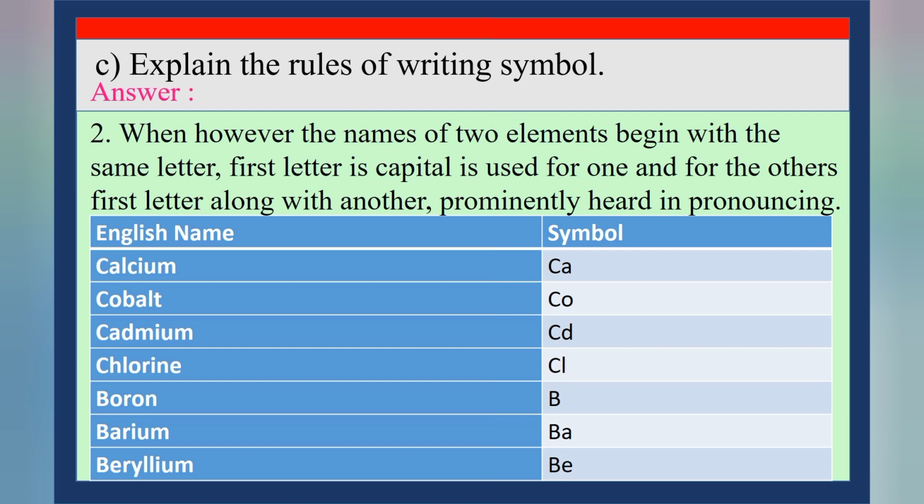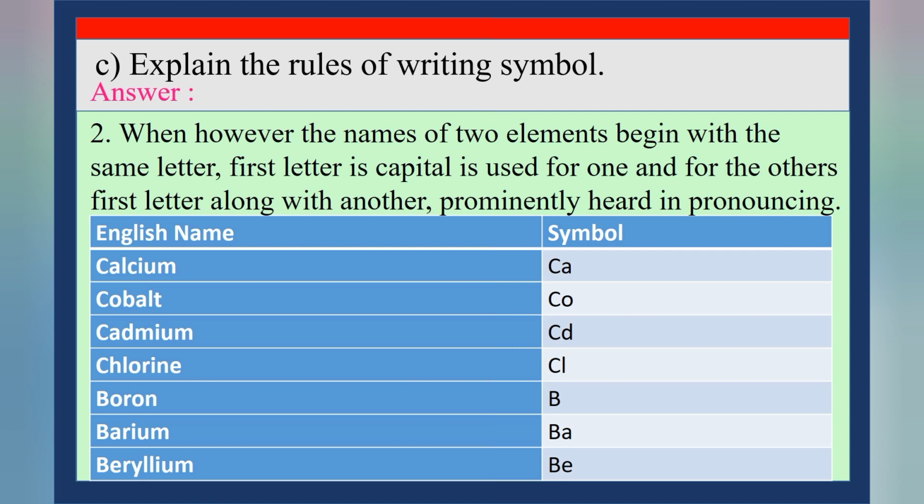So here we are watching all these four elements which start with C. There is another element besides them which starts with C, that is carbon. For carbon we use only C, but for calcium, cobalt, cadmium and also chlorine we are using the C with the next letter or the prominent letter. So I hope this idea is more clear.